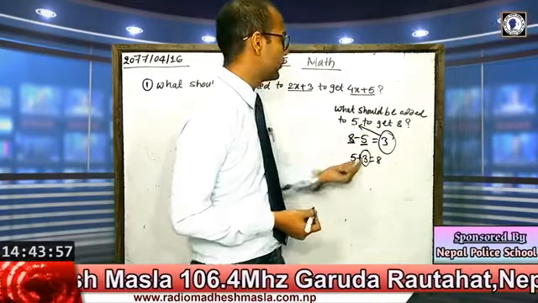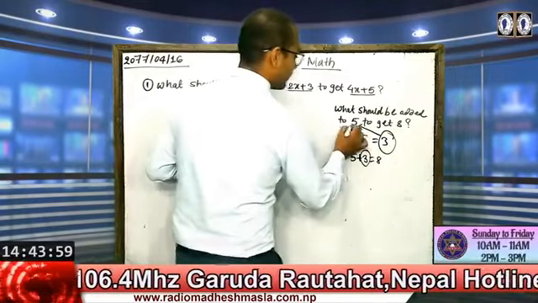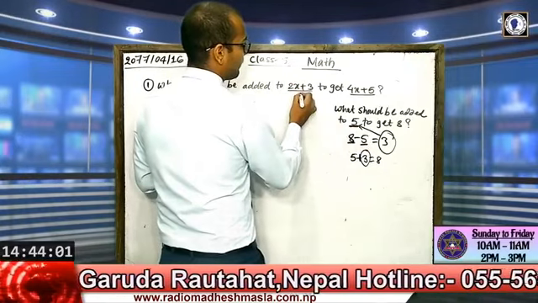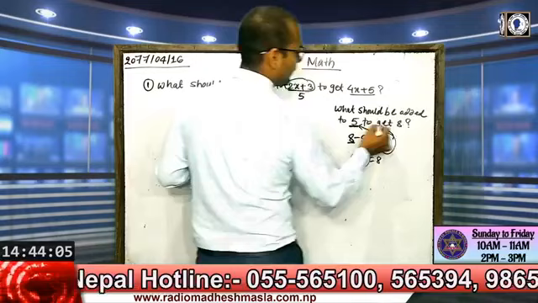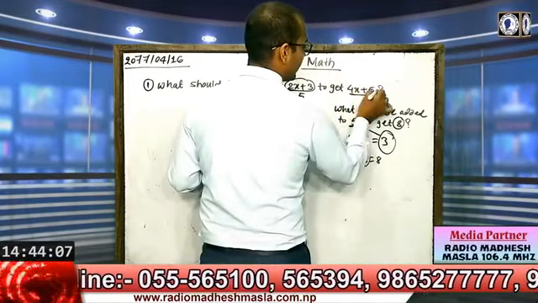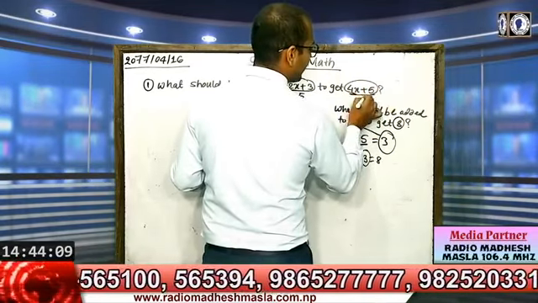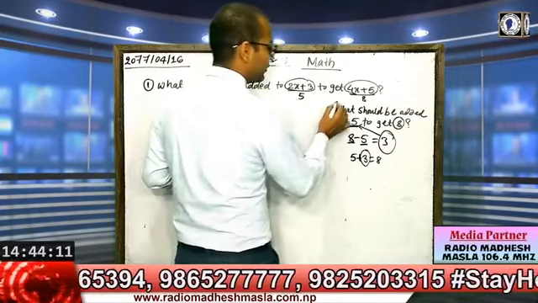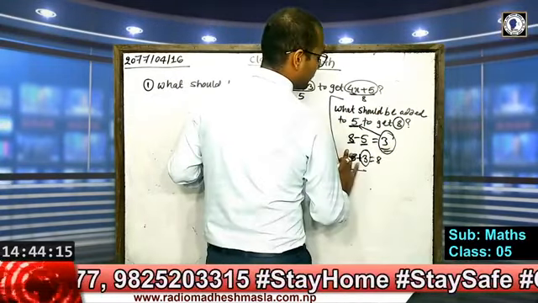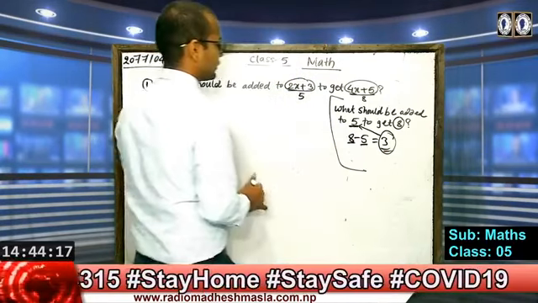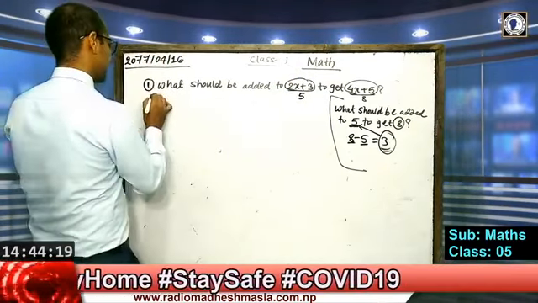In the same way here, at the place of 5 there is 2x plus 3, and at the place of 8 there is 4x plus 5. So how did we find this number 3? We found it by subtracting. So here also we should do like this.